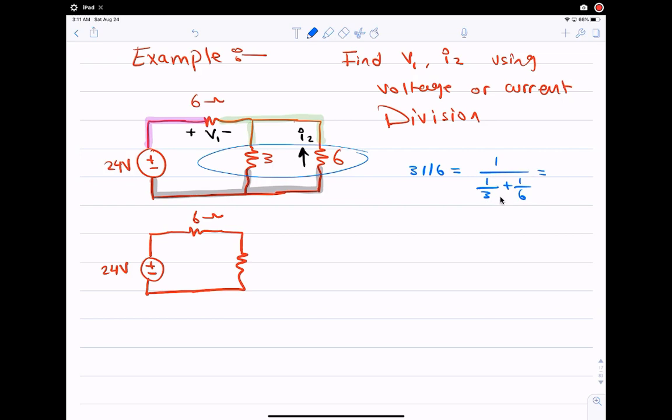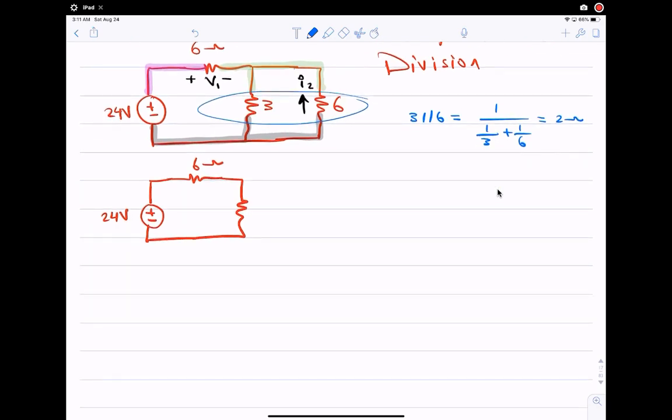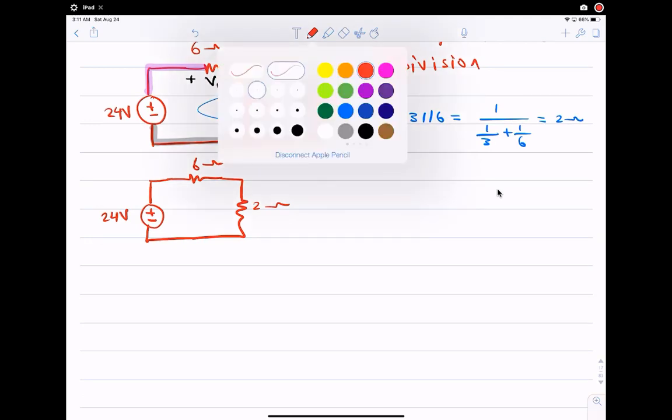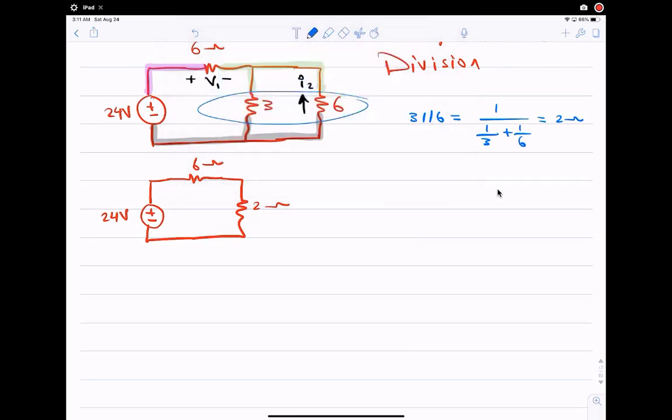When I do this in the calculator, or you can do it manually, you will get 2 ohms. Okay, so here I'm gonna draw 2 ohms. Now this circuit has a voltage here which is V1, and this current I2 disappeared.